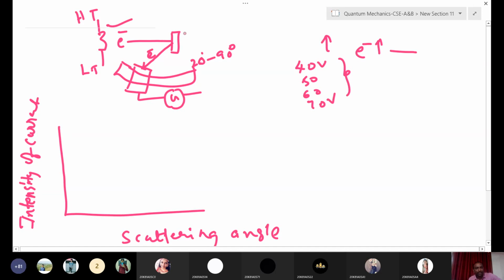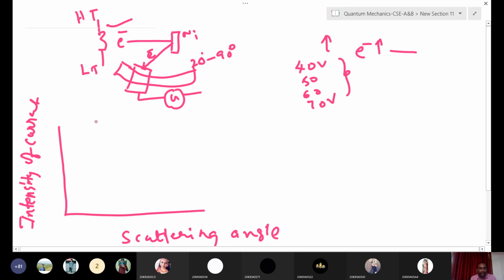Target means the nickel material. After that it will scatter. We collect these electrons using the Faraday cylinder and measure them with the galvanometer.